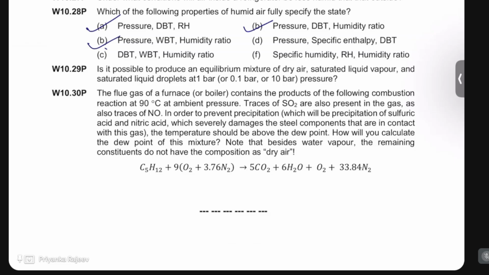But the triple point is only for a pure substance. Now we are talking about a mixture of substances. So for moist air at saturation, we'll be having vapor and liquid. So at 1 bar, if we cool to the dew point, then yes, we can see this. Okay.